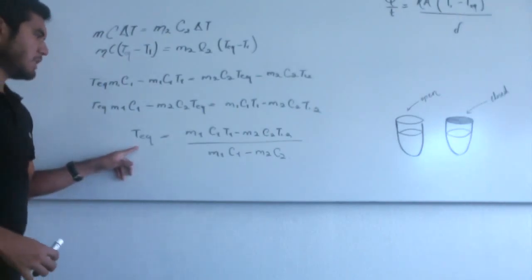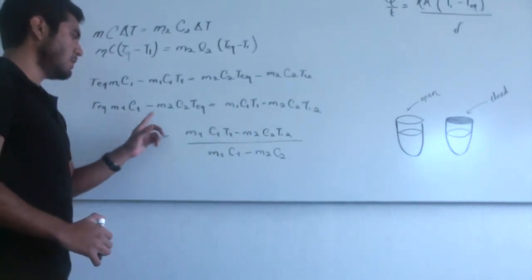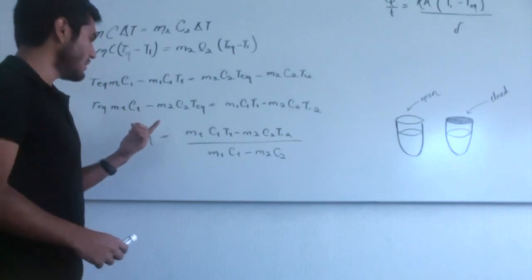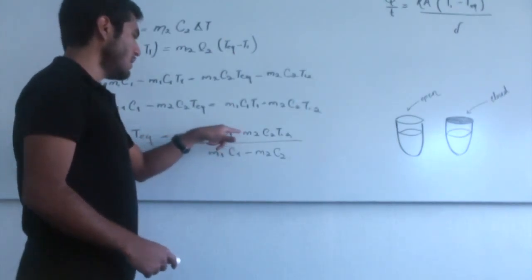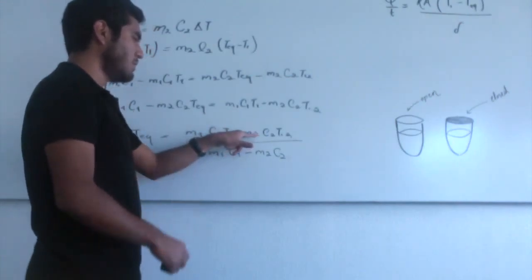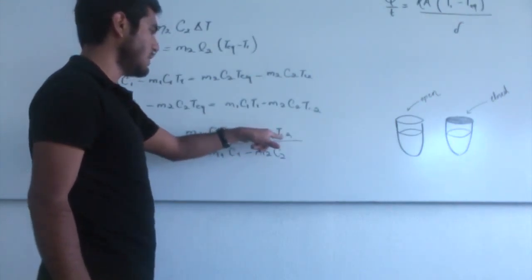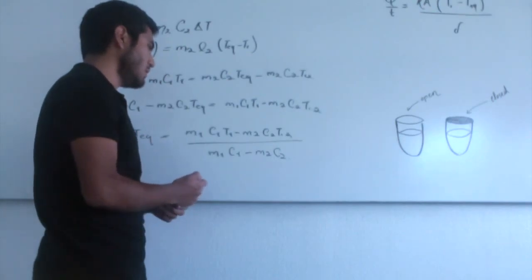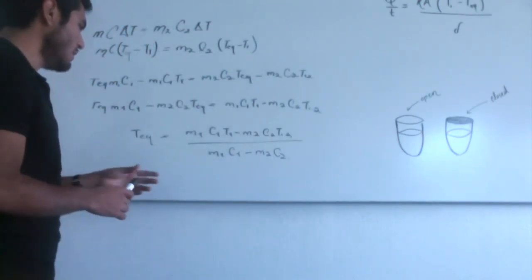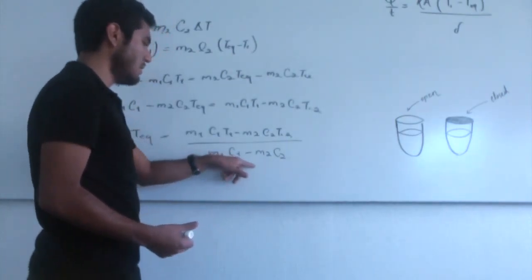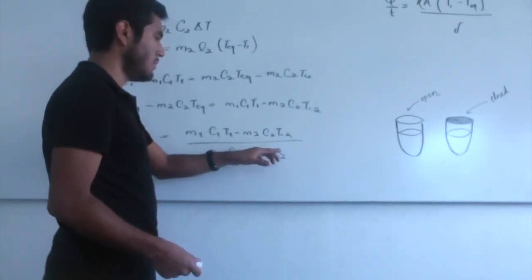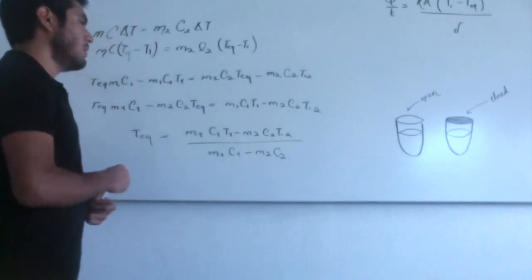This is the T of equilibrium, and it's equal to m1 times C1 times T1 minus m2 times C2 times the temperature 1 in the second substance, divided by m1 times C1 minus m2 times C2.